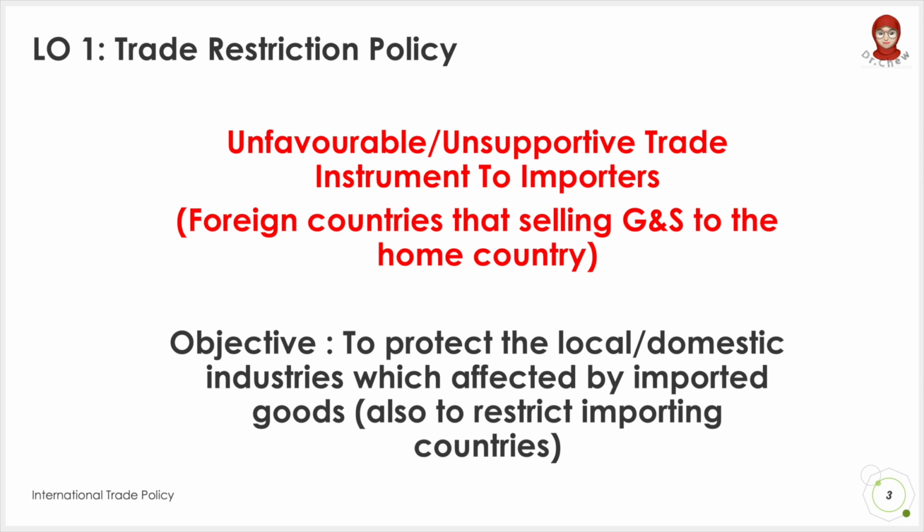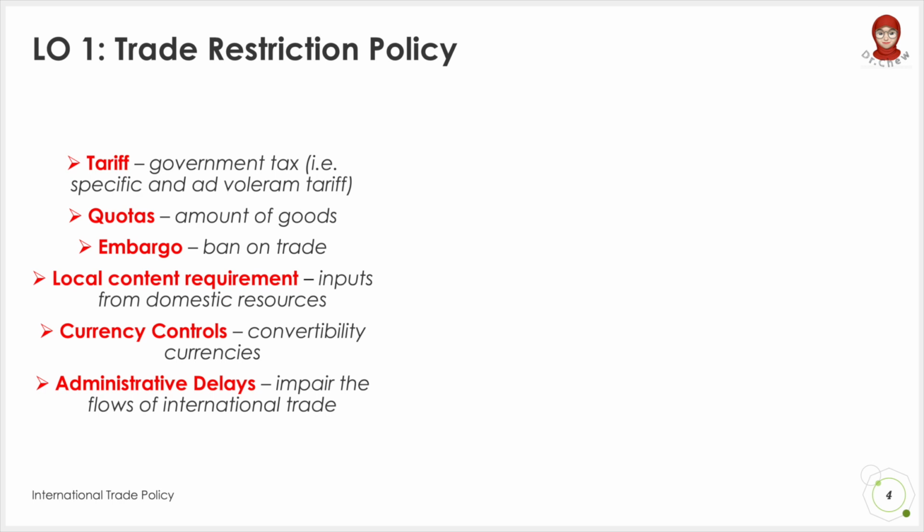There are two general categories of trade barriers available to governments: tariff and non-tariff barriers. A tariff is a government tax levied on a product as it enters or leaves a country. A tariff increases the price of an imported product directly and therefore reduces its appeal to buyers.